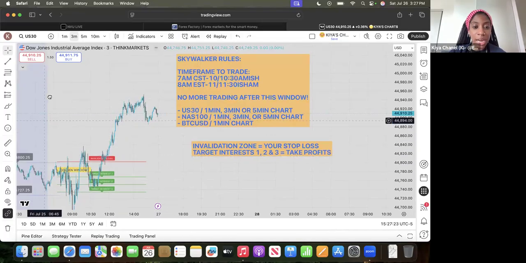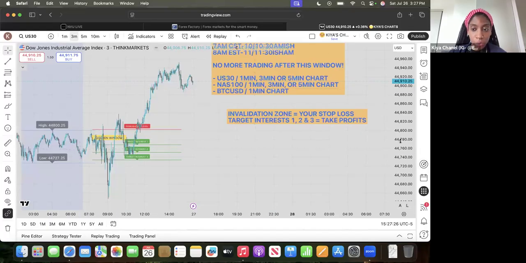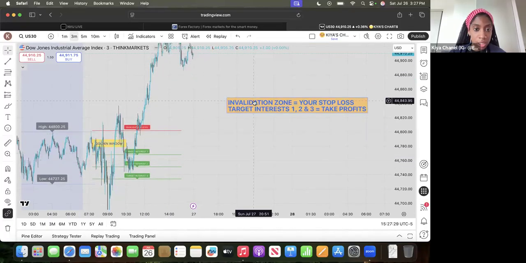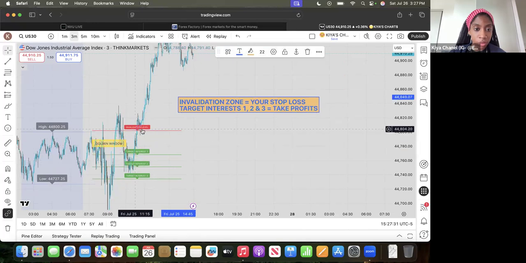Okay, so as you guys can see on this chart, we have a red line that says invalidation zone. So when a trade comes out on the scanner, you're going to see that invalidation zone, which is your stop loss. And then you're also going to see these 3 green lines that are going to literally give you your take profits, where the scanner sees the market going for us to make our money.